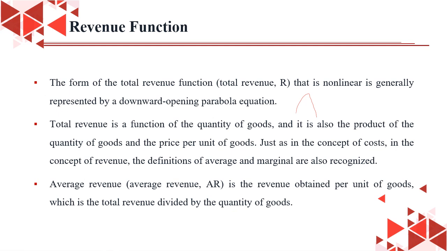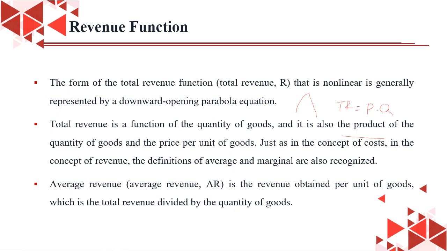Total revenue is a function of the quantity of goods, and it is also the product of the quantity of goods and the price per unit of goods. Remember that TR is equal to PQ. This is the description of the equation.